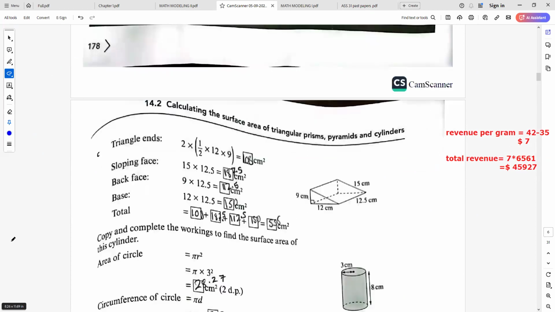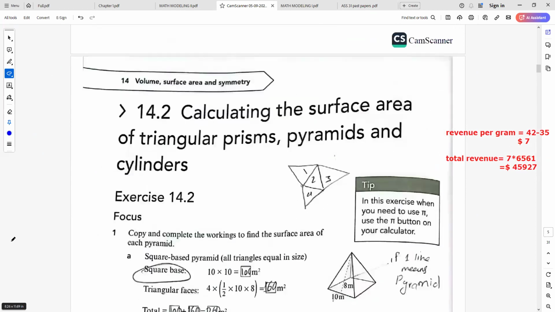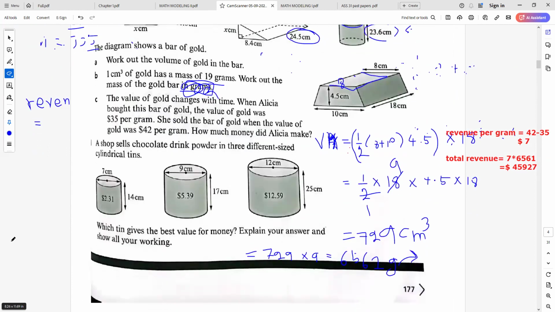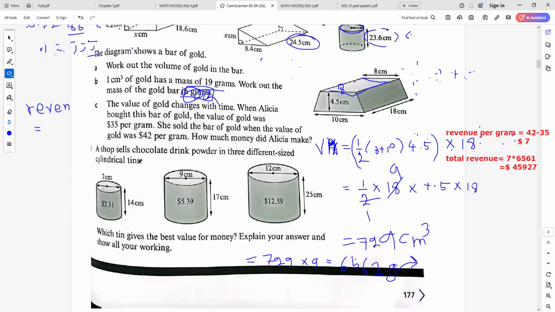Now with this question, I will wind up today's video class. A shop sells chocolate drink powder in 3 different size cylindrical tins. Which tin gives the best value for money? Explain your answer. Show all your workings.